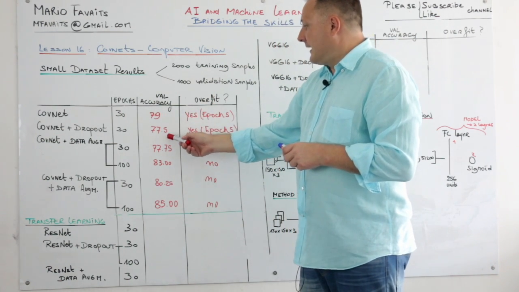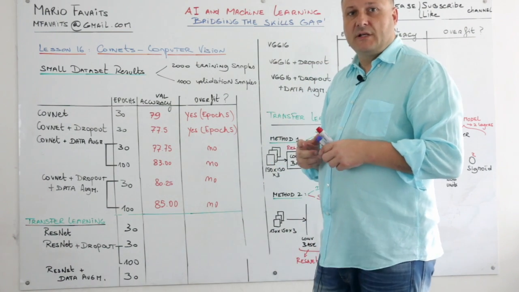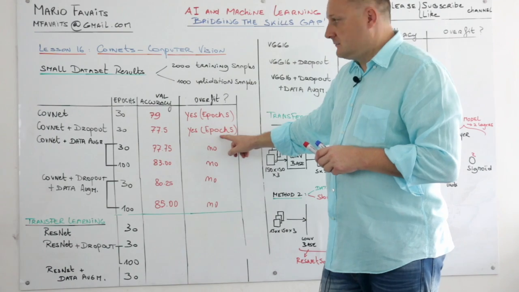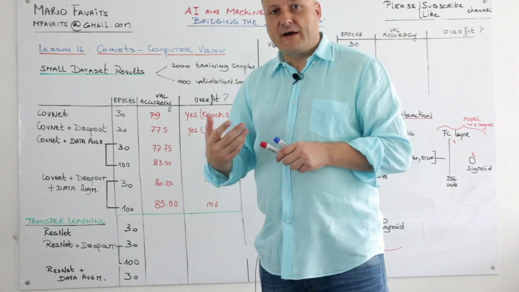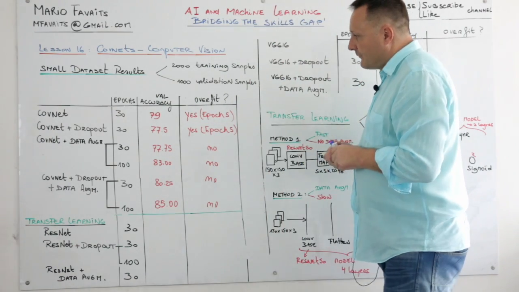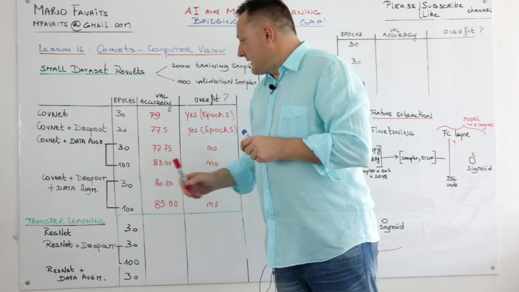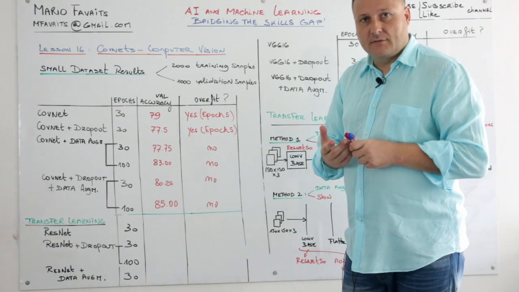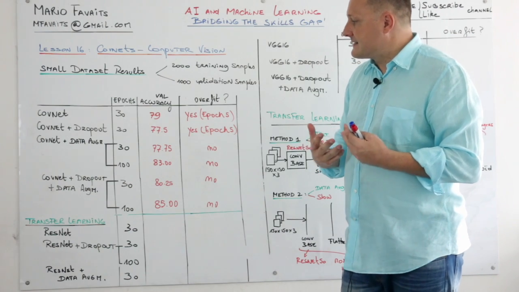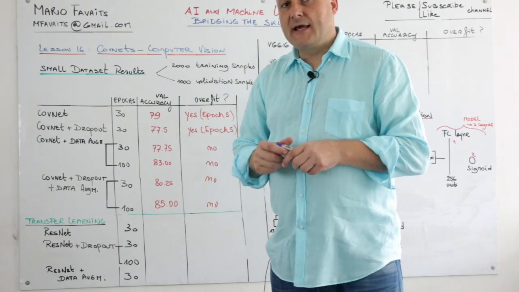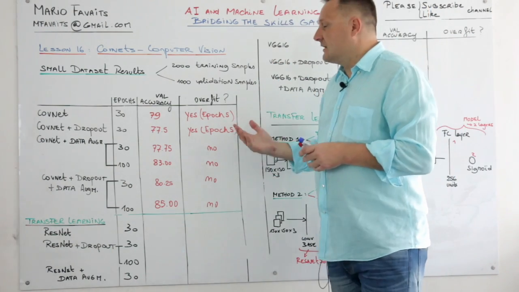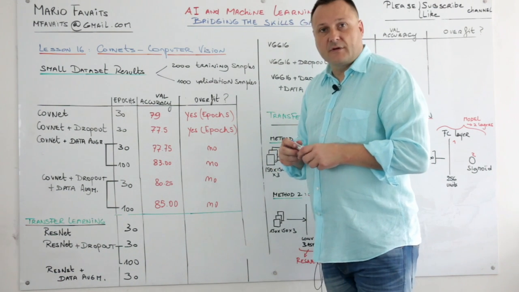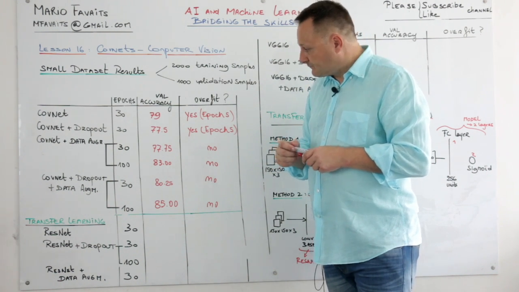You see that adding dropout actually brought the accuracy down, but both are overfitting. From very early on, epoch 5, we start overfitting. Then when we added data augmentation, actually the overfitting disappeared. So it seems that in this case, data augmentation had more effect on fighting the overfitting than dropout has, albeit that we used 50% for dropout.